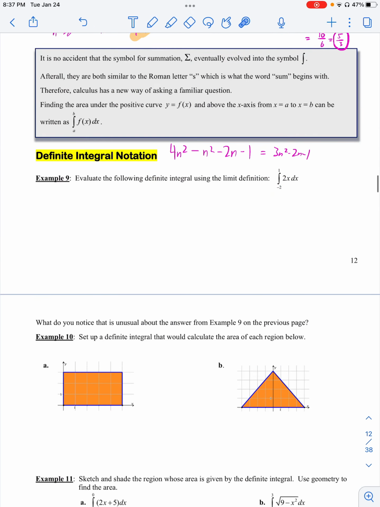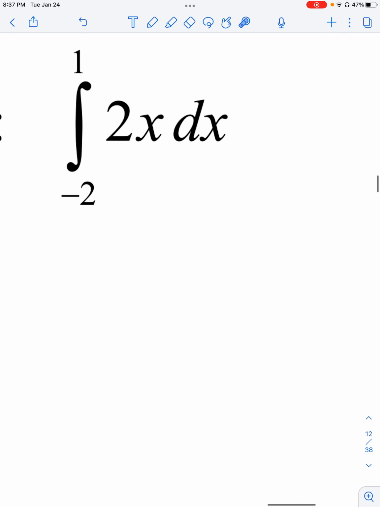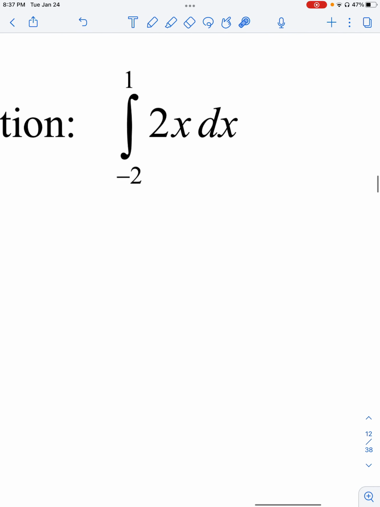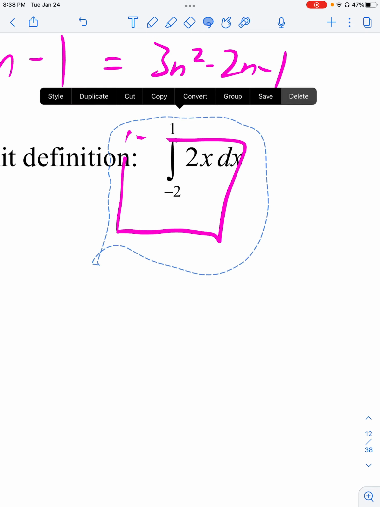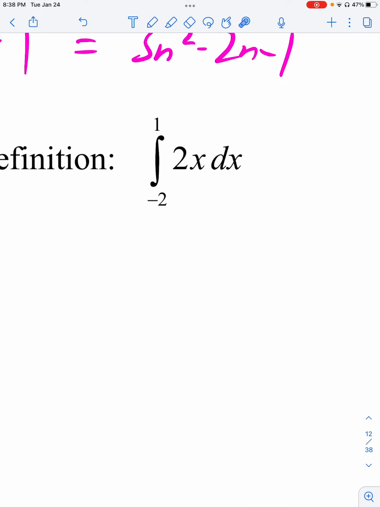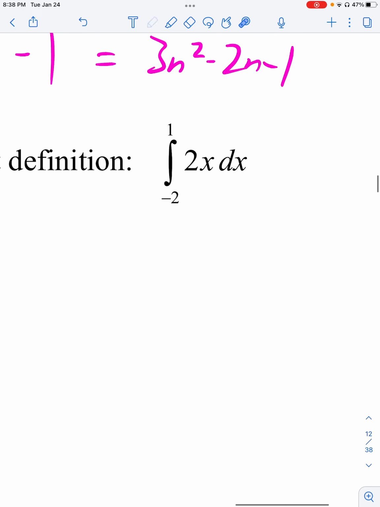This gives you the exact same thing in one little notation. This is called integral notation. The number on the bottom of that little S is going to be your a, the number on the top is going to be your b, and this function right here is your f of x.